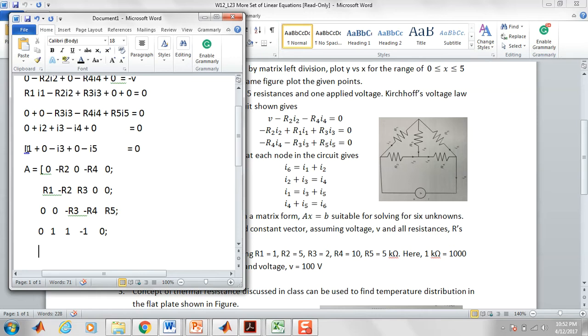So the coefficient of I1 is 1, and coefficient of I2 is 0, and coefficient of I3 is -1. You can see the I3 is -1, and coefficient of I4 is 0, and coefficient of I5 is -1. So that completes my matrix here for the A matrix.